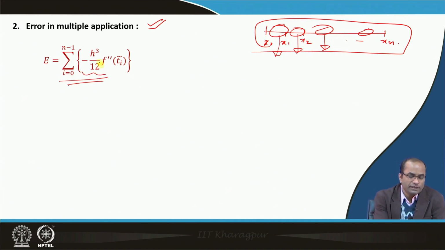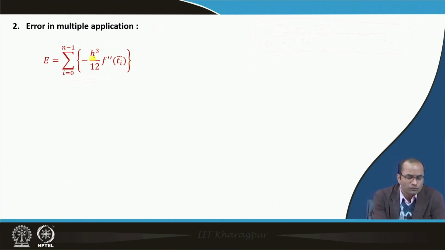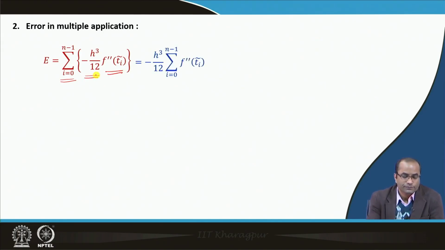So, that error will naturally be what we have computed just now, h cube by 12 and the double derivative at t i, which we are denoting now for the ith interval. So, what we have is the sum over i equal to 0 to n minus 1 of minus h cube by 12 times f double prime. So, this h cube by 12 we can bring out of this summation, and then the summation is from 0 to n minus 1 of f double prime at t i tilde.